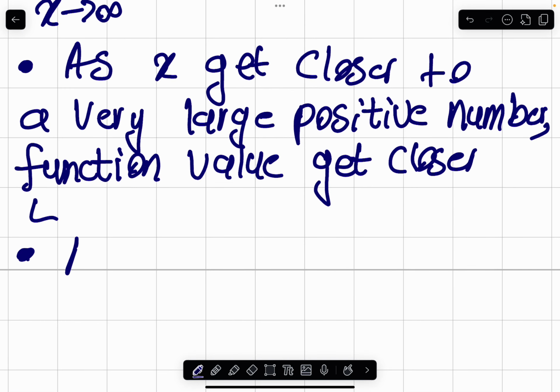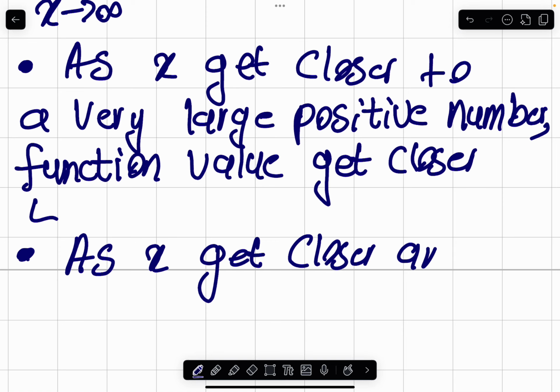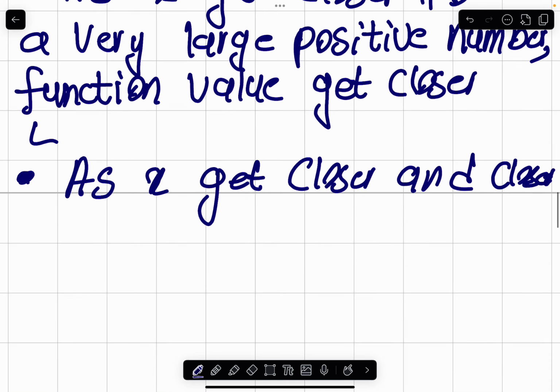Point number 2, you're going to say as x gets closer and closer to a very large positive number. You must enjoy these things that are simple.